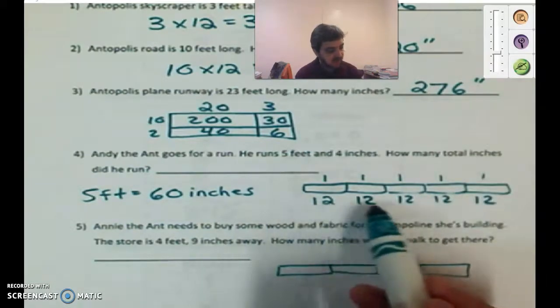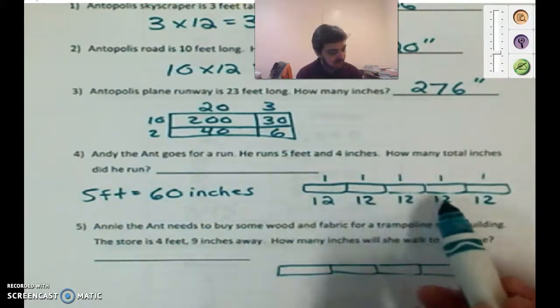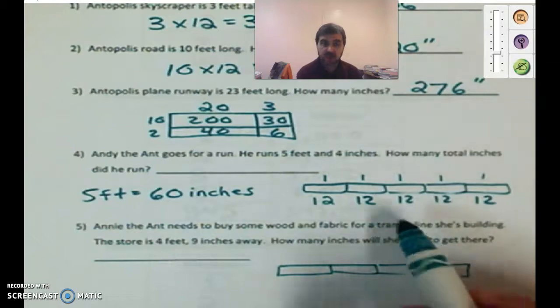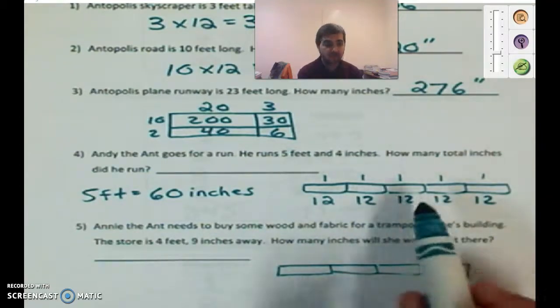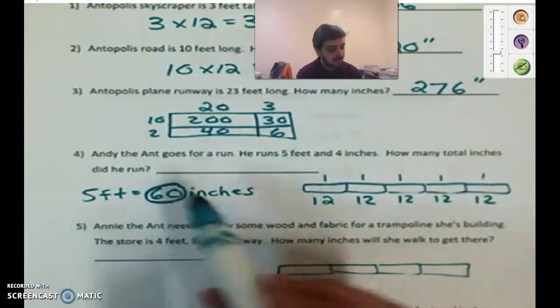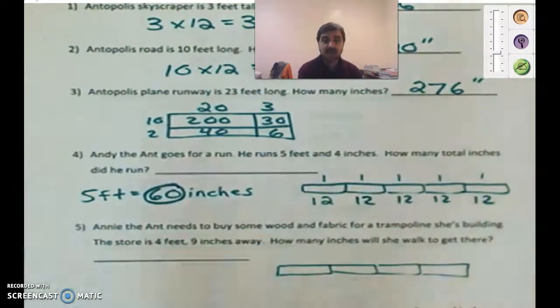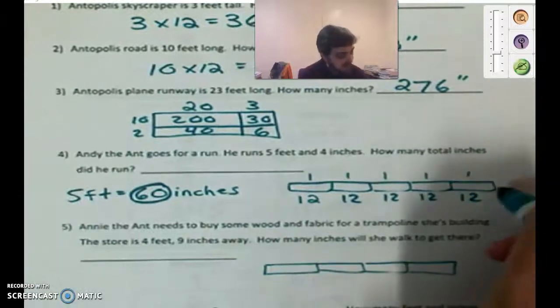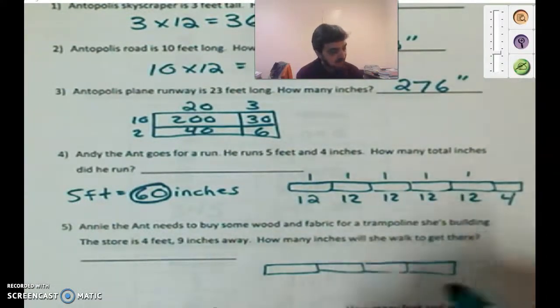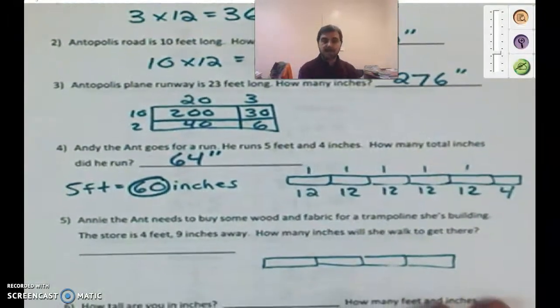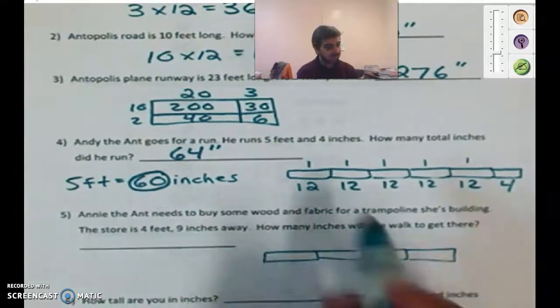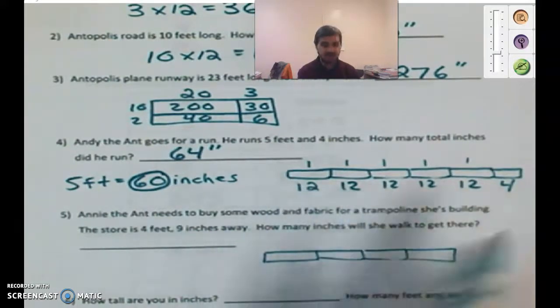So if I do 12 plus 12 plus 12 plus 12 plus 12, or 5 times 12, I'll get my answer. So that ends up giving me 60. Okay, but that's not the answer because he also did an extra 4 inches, right? So 60 plus 4 gives me 64 inches. Okay, makes sense? Right, because each foot is 12 inches.